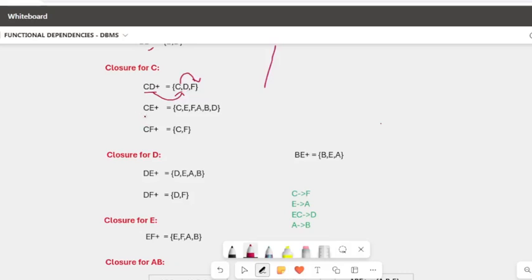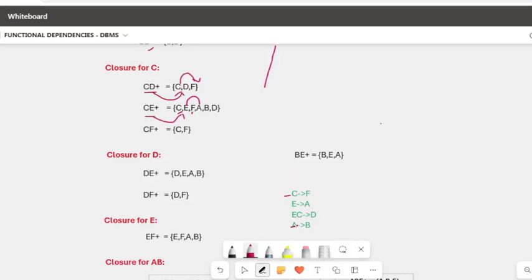Likewise for CE, the attribute closure of CE must include CE. Then we check whether it determines anything. Yes, C determines F, and E determines A. And we check whether CEAF determines anything.